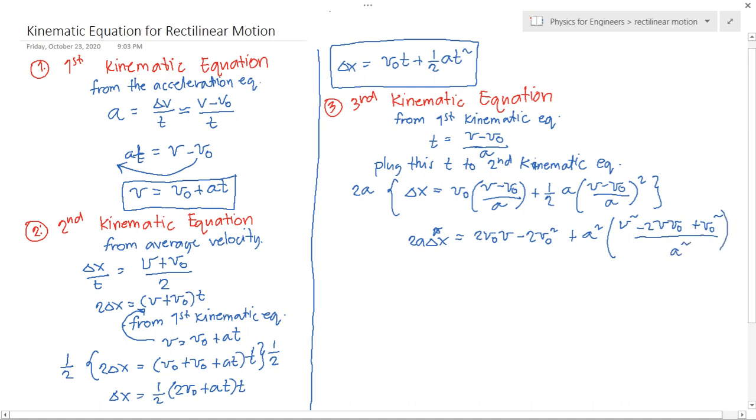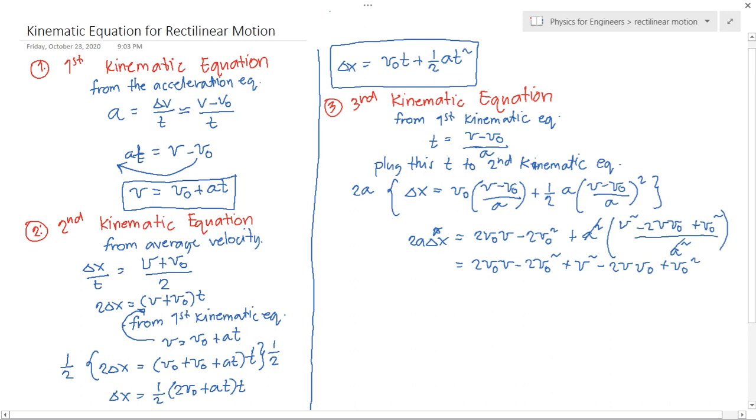Diba, as you can see, may a squared dito, may a squared, so therefore this will be cancelled out. So what's left is 2v naught v minus 2v naught squared plus v squared minus 2v v naught plus v naught squared.